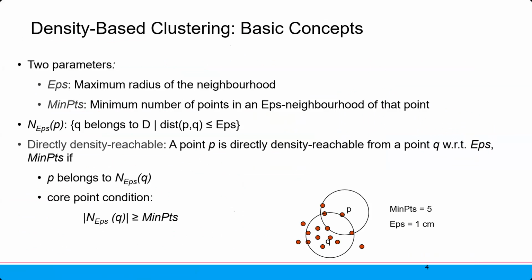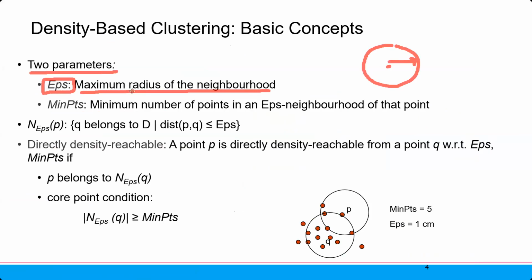In order to do the density-based method, we need two parameters. The first parameter is EPS, or sometimes people say epsilon. Let's just use EPS. It is the maximum radius of the neighborhood. If you have a circle like this one, the radius is from the middle of the circle to the edge of the circle.